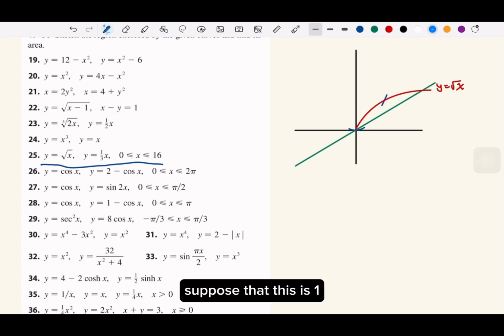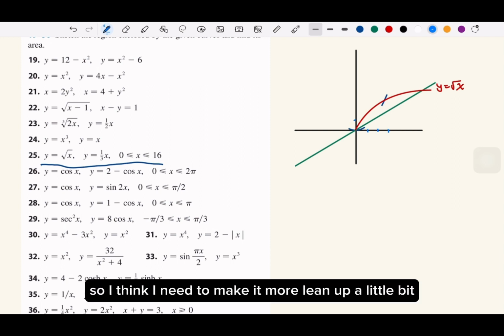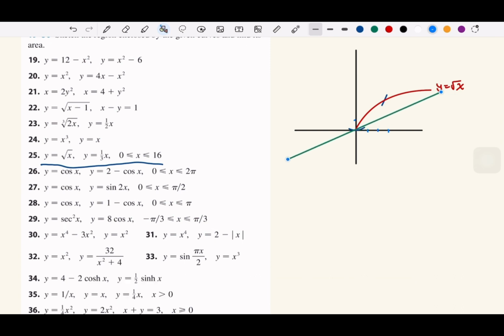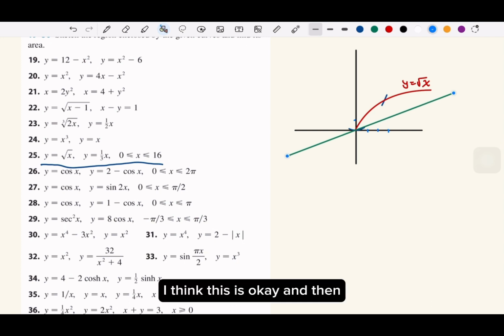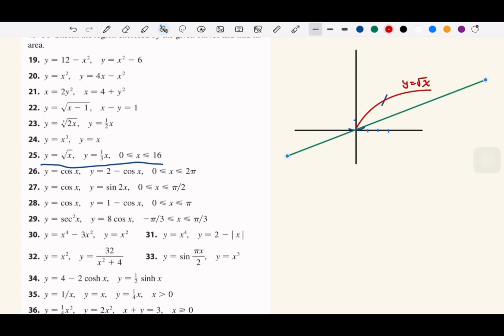Suppose that this is 1, 2, 3. This is supposed to be 1. So I think I need to make it lean up a little bit. Okay, I think this is okay. And then adding that.